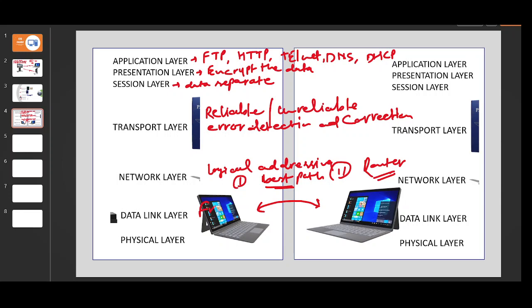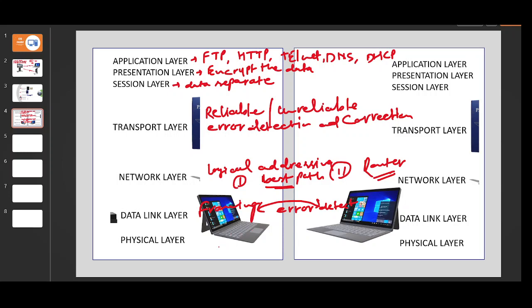So we do framing here. Now at the transport layer there is error detection and correction, but here only one thing happens: error detection. We cannot correct the data, with the help of some rules.